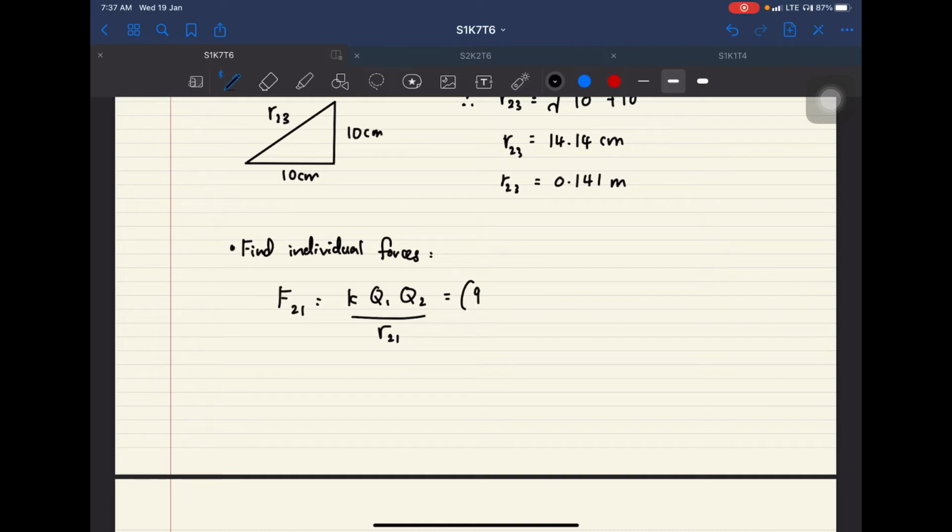So the magnitude of the charge is 10 microcoulomb. The distance for this one is 0.10, the 10 cm, you change to meter. Don't forget the square. If you calculate this one, you should get F21 equals 90 Newton.